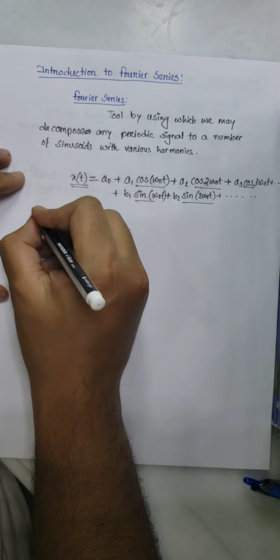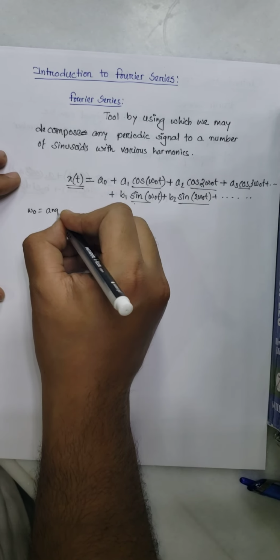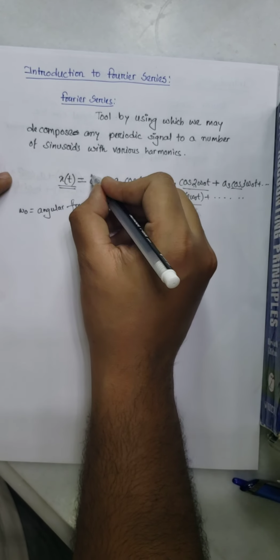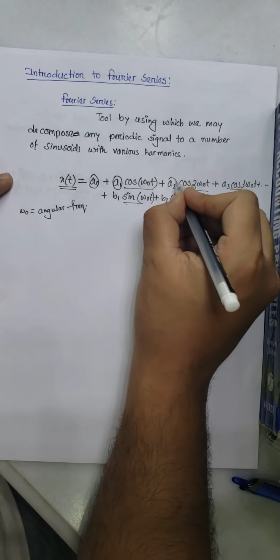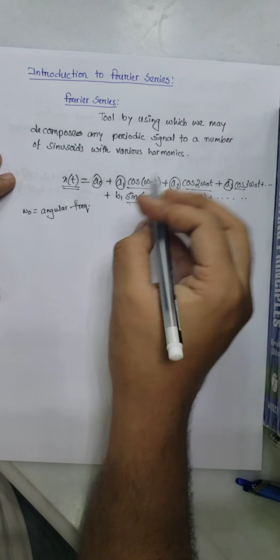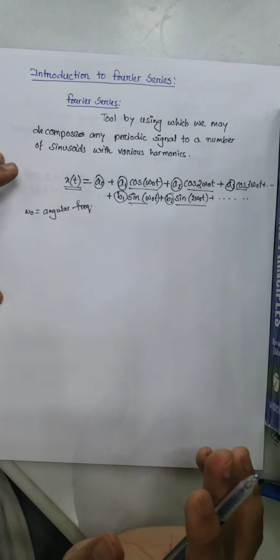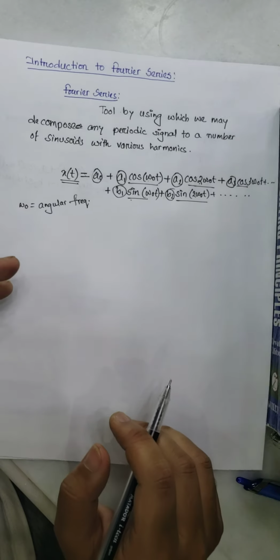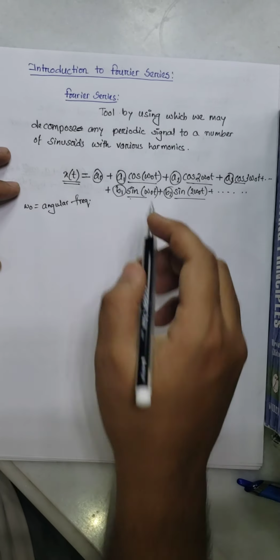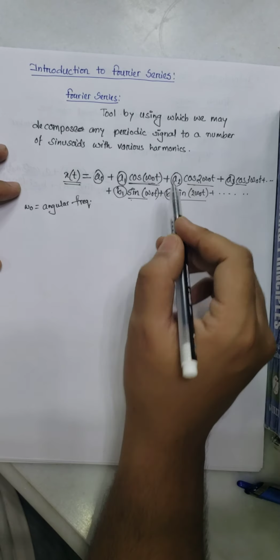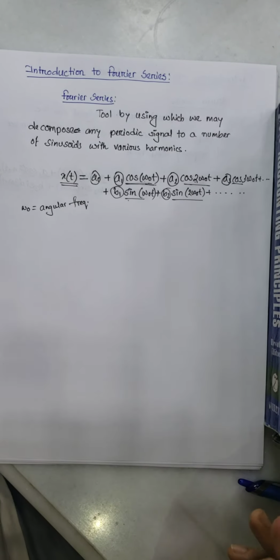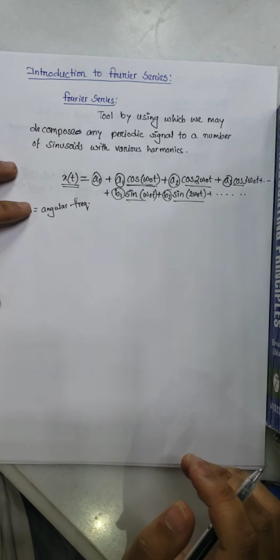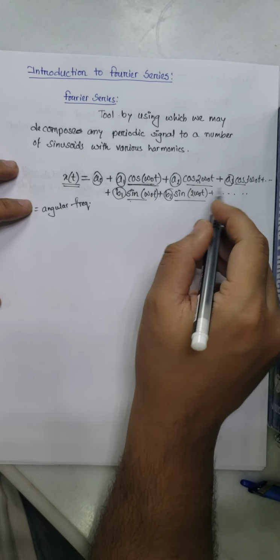We all know that omega naught is the angular frequency, and here a0, a1, a2, a3 and likewise b1, b2 and so on are called the Fourier coefficients that weight the function and are regarded as the amplitude of the respective sinusoids. Now the beauty of Fourier series is that any signal that you can imagine practically can be represented by a summation of sines and cosines.